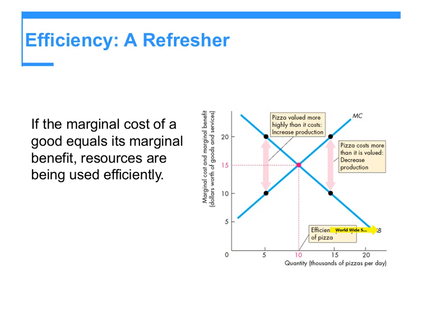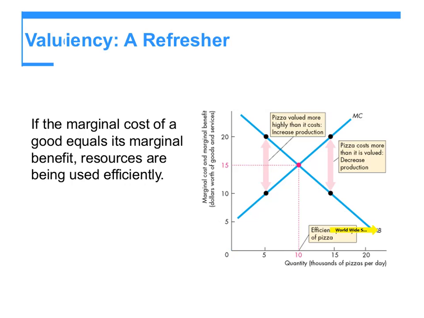If the marginal cost of a good equals its marginal benefit, resources are for sure being used efficiently. So this is our basic standard to understand whether we are using our resources efficiently or not. At the moment that marginal cost of producers and marginal benefit of consumers are the same, it is the point that we are actually using our resources perfectly, from the customer point of view, as well as producers and suppliers.